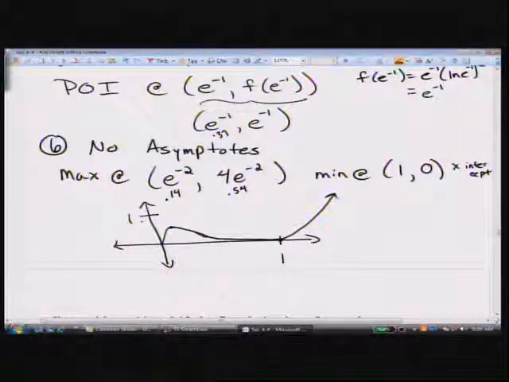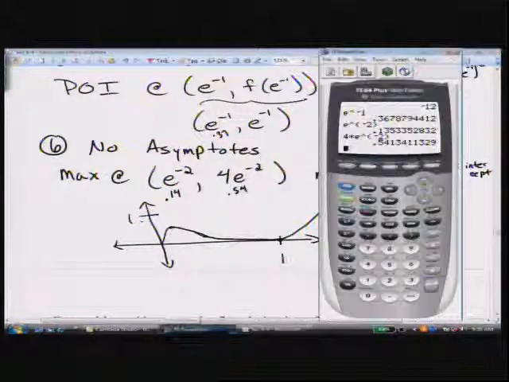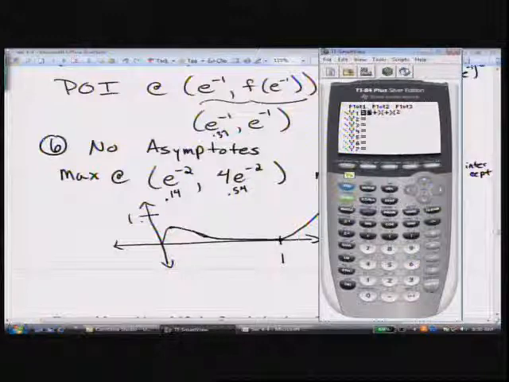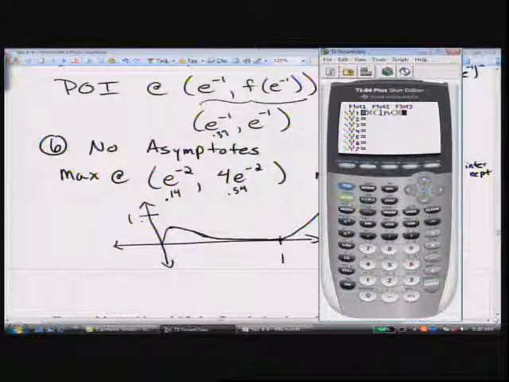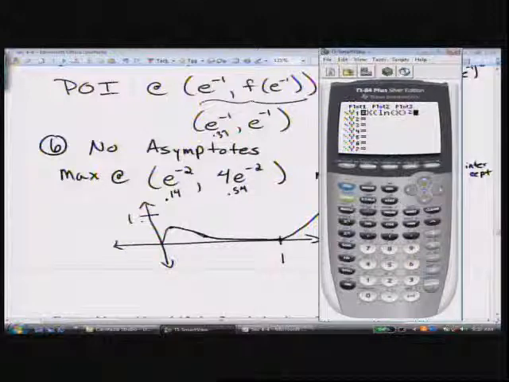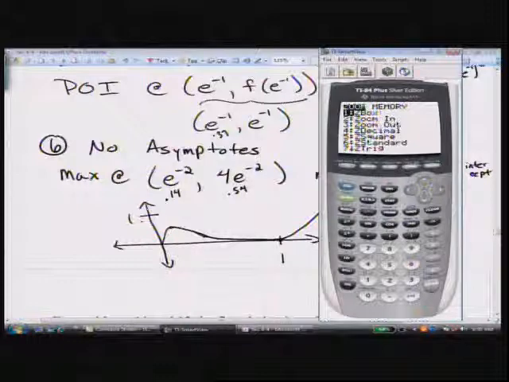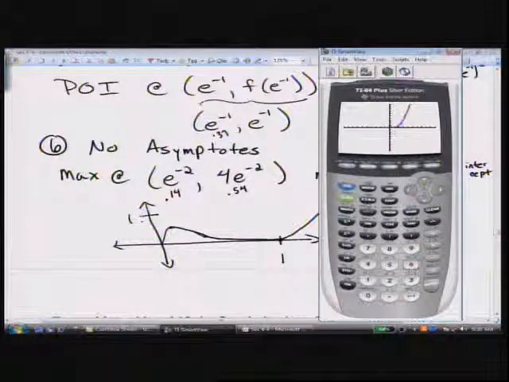All right, and what's interesting about this problem is if you just graphed it in the standard window, you would have no idea of that little bit of action that's happening between 0 and 1. Do you see how small it is? You know what I'm saying? Like if you just graph the original problem, which was x ln x squared, and you just did it in the standard viewing window, it's probably not going to be apparent to you that something interesting happened.